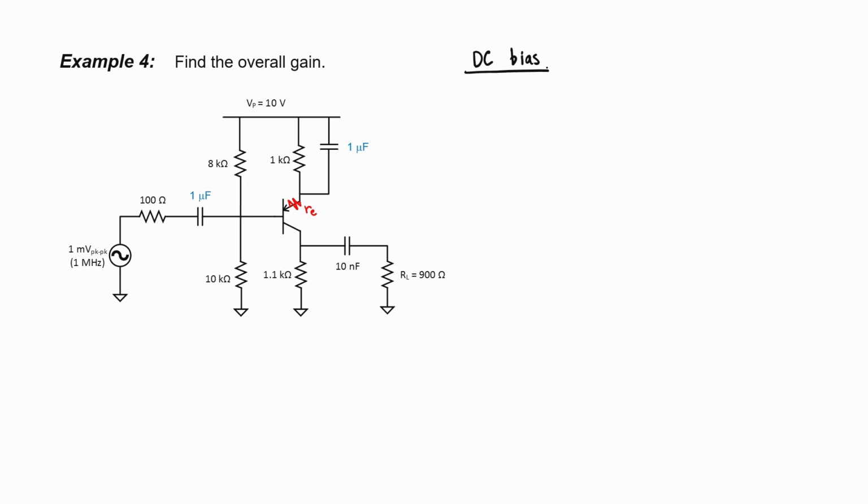Let's first find our DC bias points. The voltage divider, or the DC analysis, is no different than it was in example 2. So I'm just going to copy the values for the base voltage, the collector voltage, and the emitter voltage.